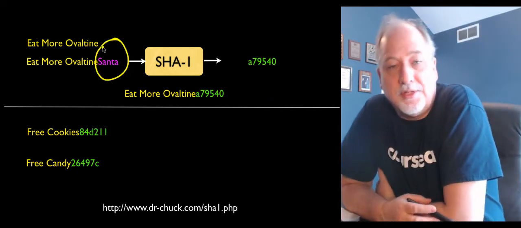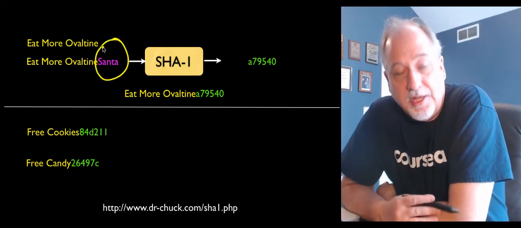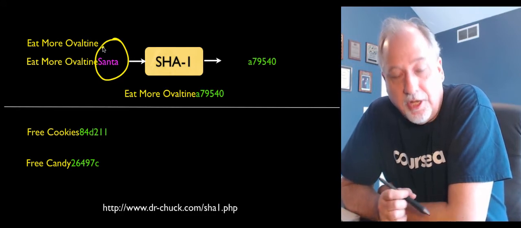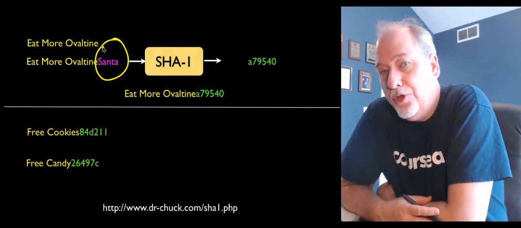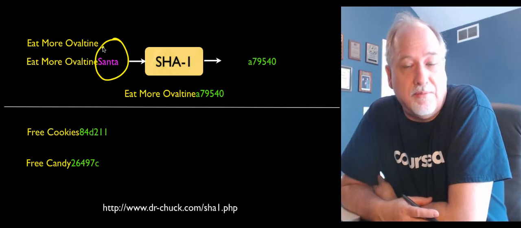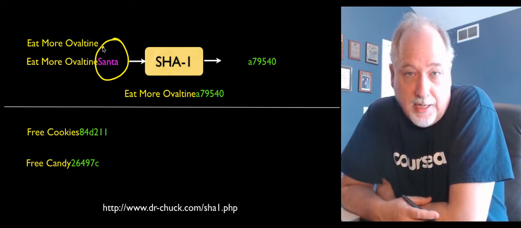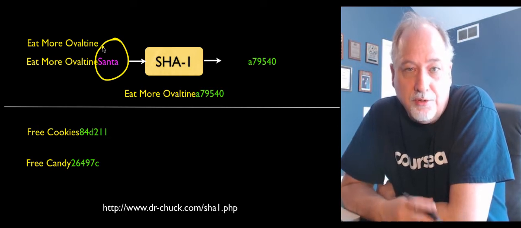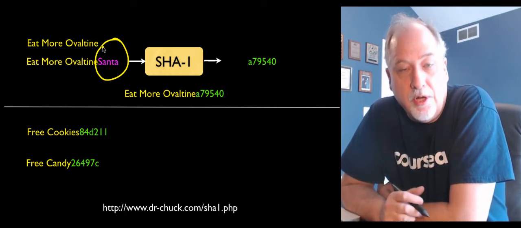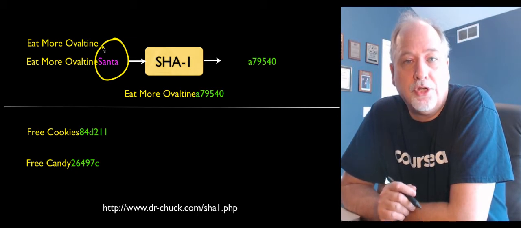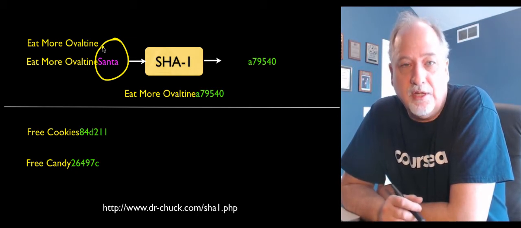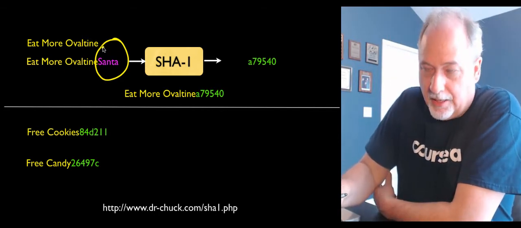Okay, Santa is the secret, and I want you to tell me if free cookies or free candy actually came from Annie or not. One of them is a valid message from Annie, and the other is not. So I want you to take a moment, use the SHA-1 calculator, and try to figure out which of these is valid and which is not valid. Okay? Give you a minute.